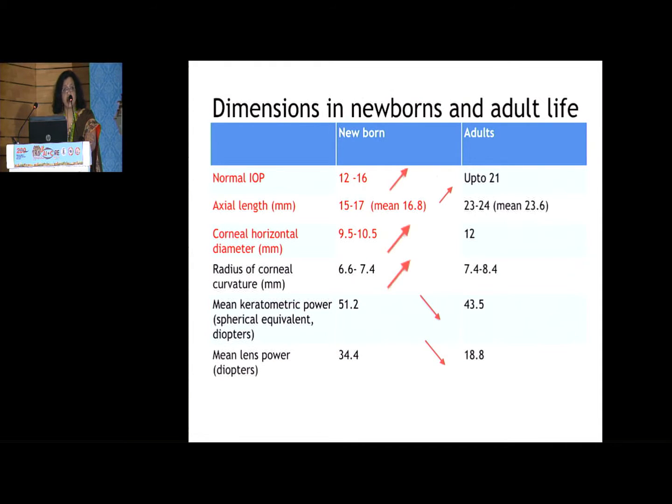Axial length also increases. At birth it is 15 to 17. Corneal horizontal dia is between 9.5 and 10.5, as I already told you. The radius of corneal curvature also increases. The mean keratometric power of both the lens and the cornea decreases as the person gets older.